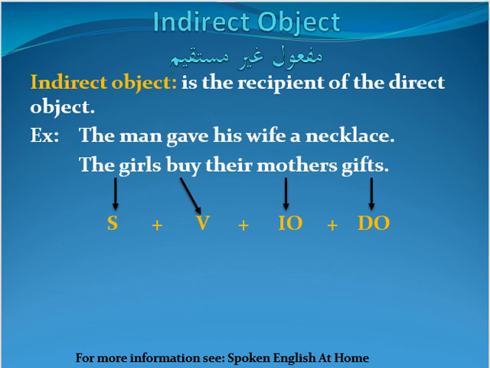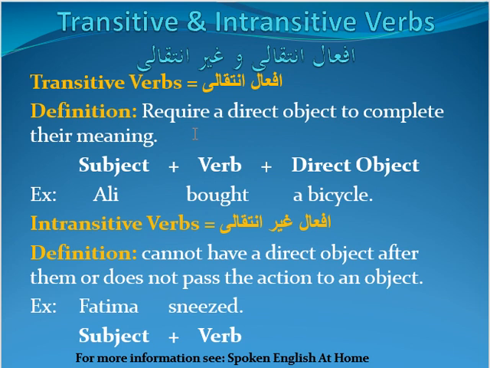So now, because we know about direct and indirect objects, which can help us for a better introduction and understanding of transitive and intransitive verbs. What are transitive verbs?